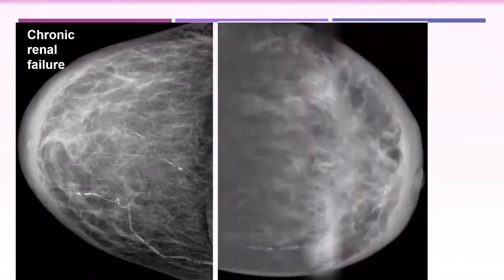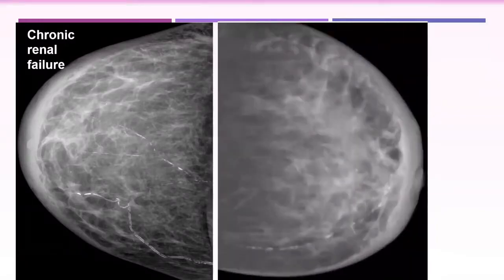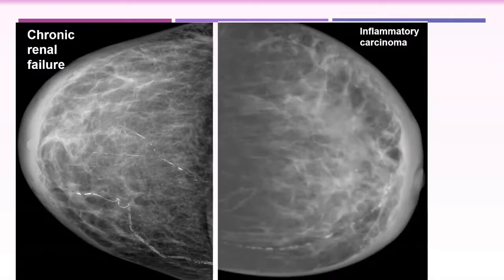And this one is more or less the same. But it is inflammatory carcinoma. These are mimickers. You have to think twice about these causes of edema.